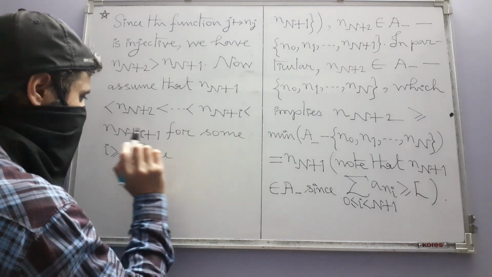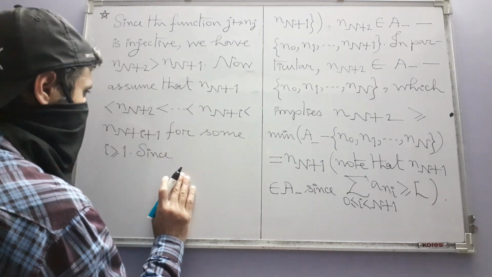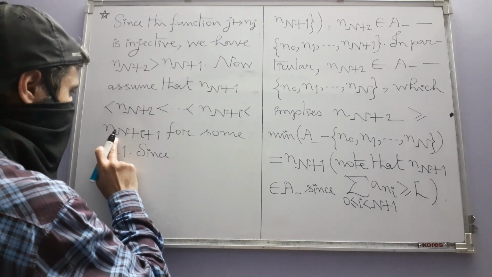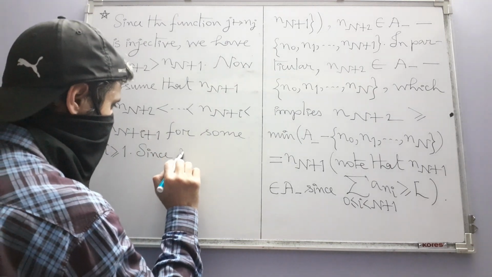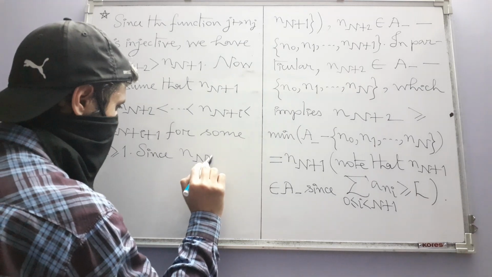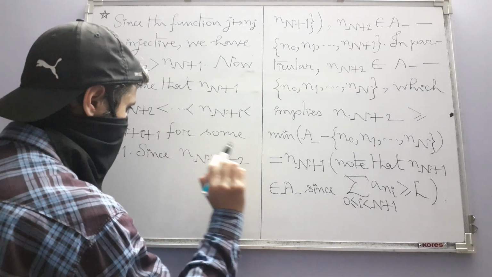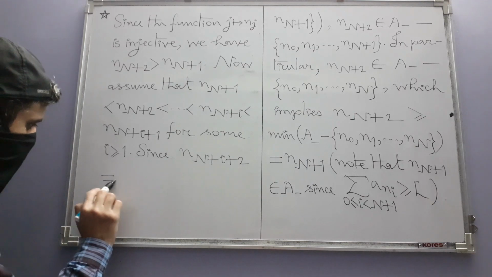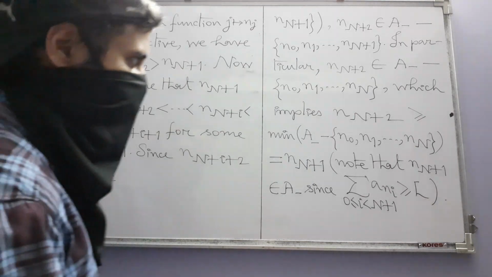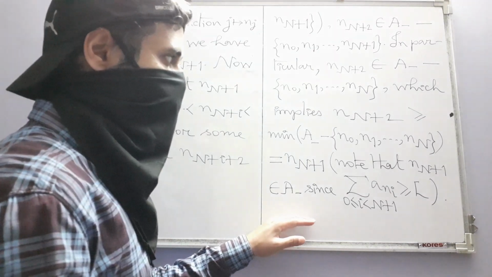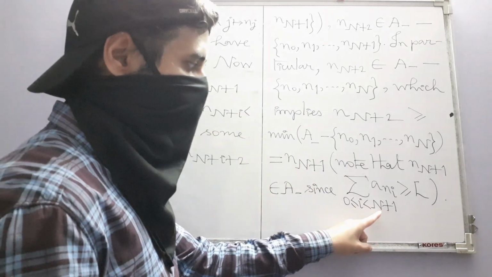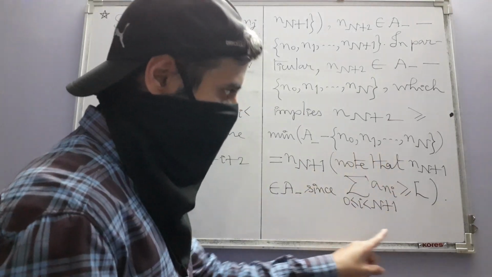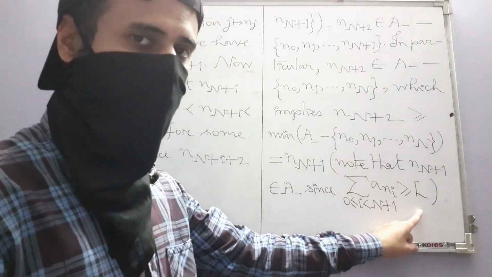Since n, so we need to conclude something about n plus I plus 2. N plus I plus 2 is equal to, keep in mind that we have been able to use all these things consistently because we know that all these inequalities are going to be satisfied.